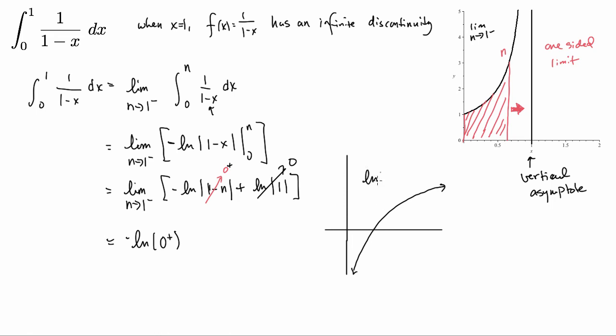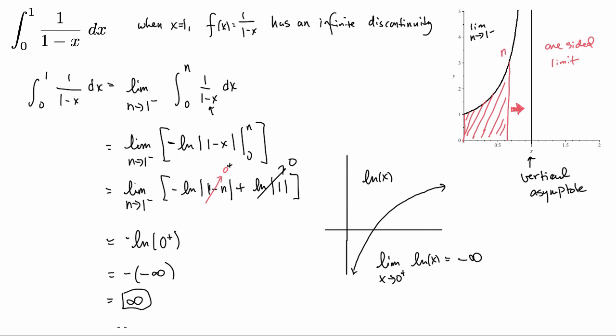So this is the graph of the natural log of x. And so the limit as x goes to 0 from the right of natural log is negative infinity. So this is minus negative infinity, or positive infinity. So positive infinity is not an answer.